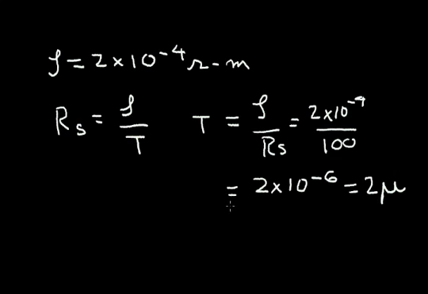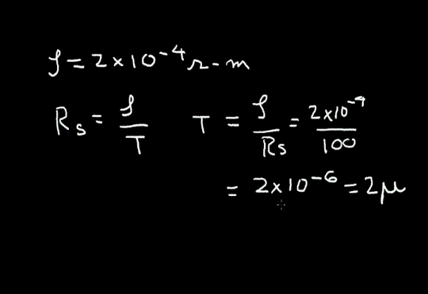So if I have a material with a resistivity of 2 times 10 to the minus 4th ohm meters, and this material is 2 microns thick, I have a material that has a sheet resistance of 100 ohms per square.